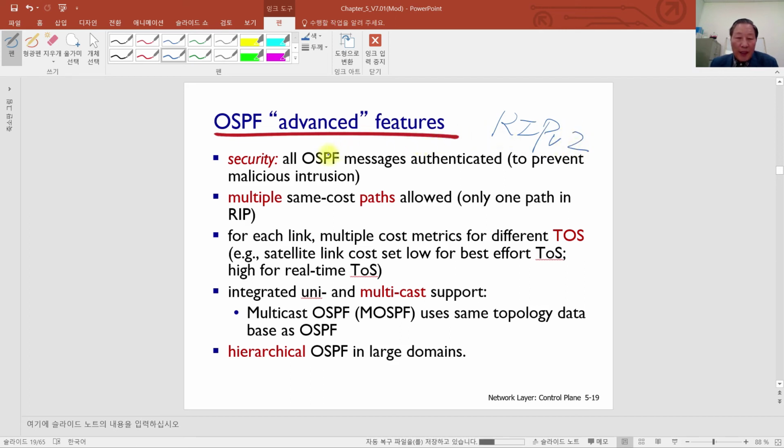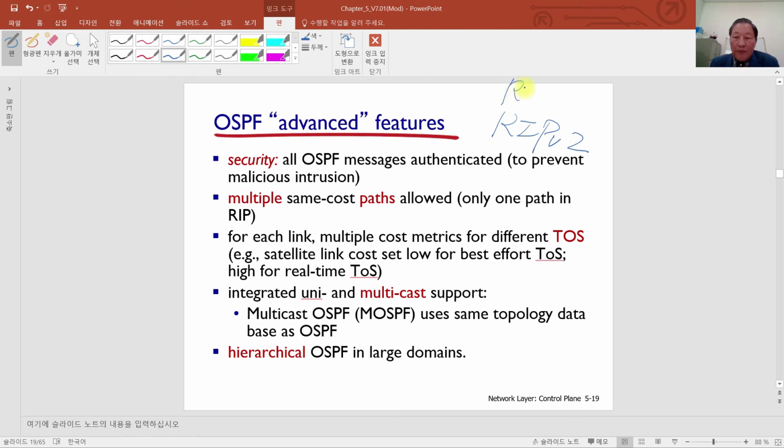First, security. All OSPF messages are so important, right? If they are changed then wrong routing happens, so messages are authenticated to prevent any malicious intrusion. This is a security issue, and that is possible if we are using OSPF.